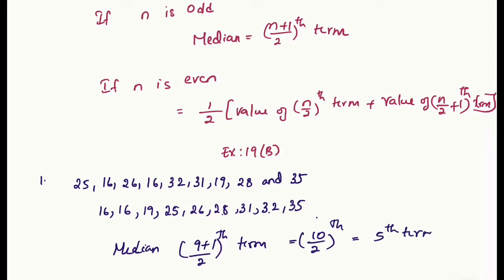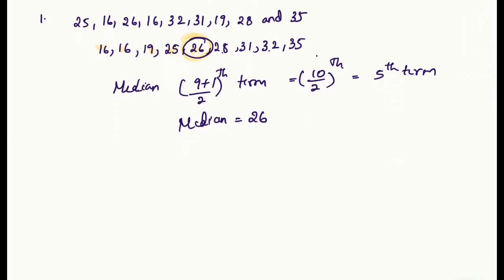Which is the 5th term here? First, second, third, fourth, fifth. So the 5th term is 26. So median is equal to 26. Hope it's clear.